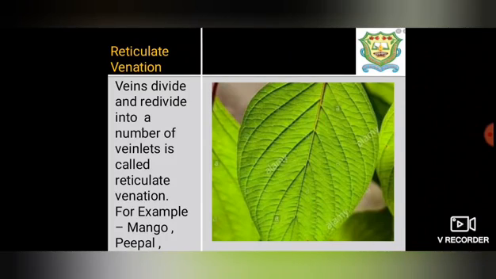It's mostly found in dicot plants. Dicot means having two cotyledons, for example, mango, tulsi, rose, hibiscus, papaya, guava, pea, mustard, sunflower and orange.